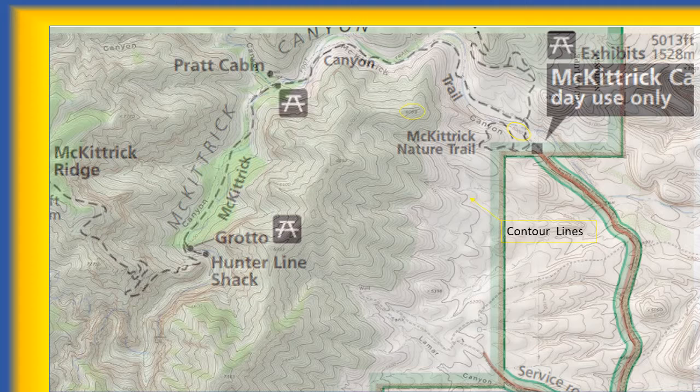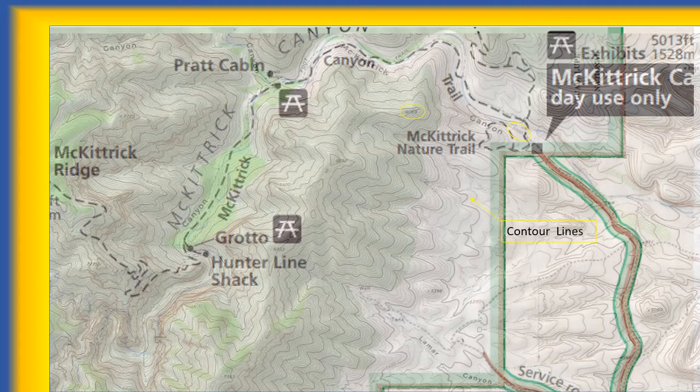If you look here, very faintly, and when I say here, I mean where the square is for the nature trail, you can very faintly see some numbers, and what they say is 5,000 feet. And what that means is the elevation, the height of that space there is 5,000 feet above sea level.